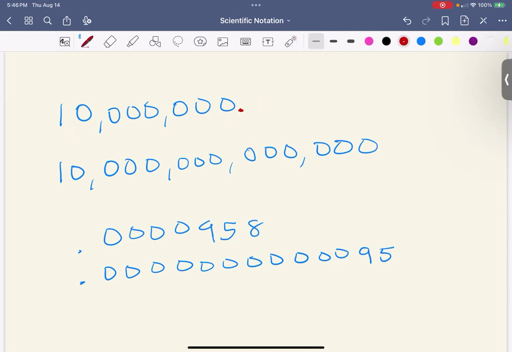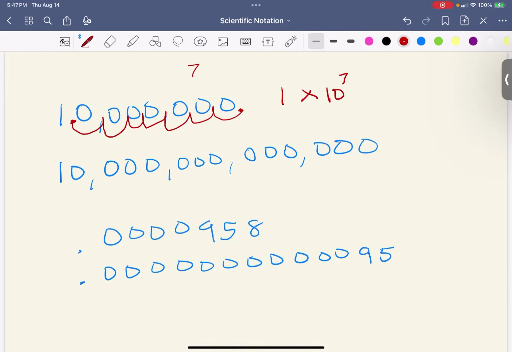So let's see. One, two, three, four, five, six, seven. So I'm at the first whole number. I moved 7 times. So we're going to write this as 1 times 10 to the seventh power.